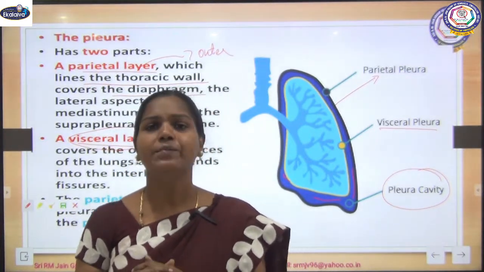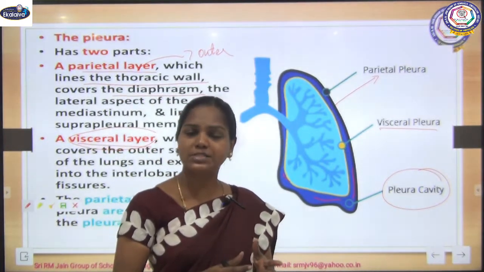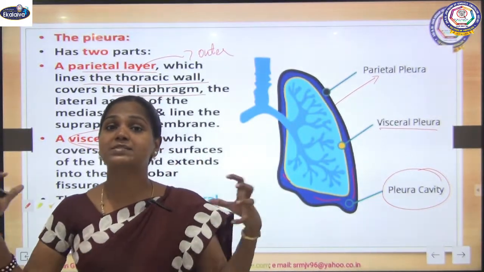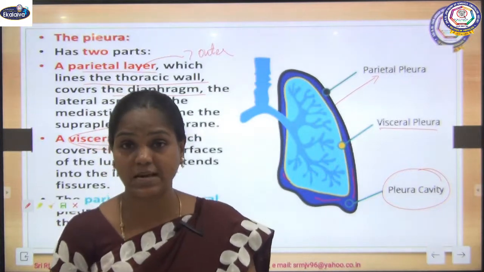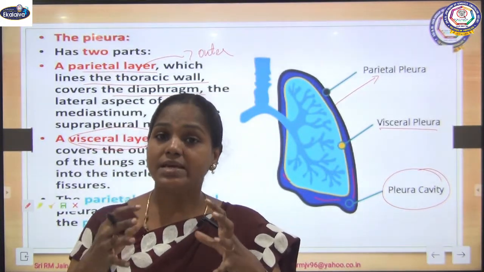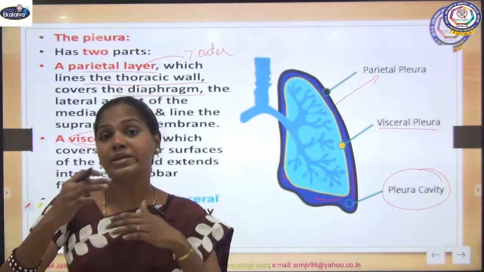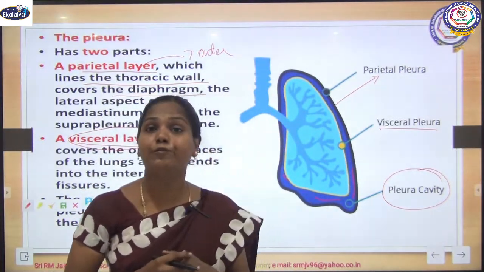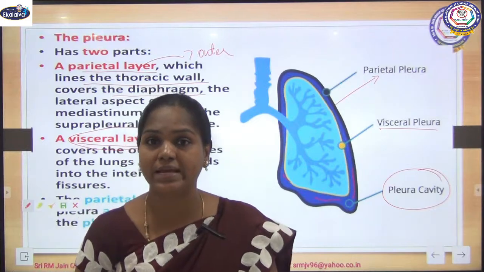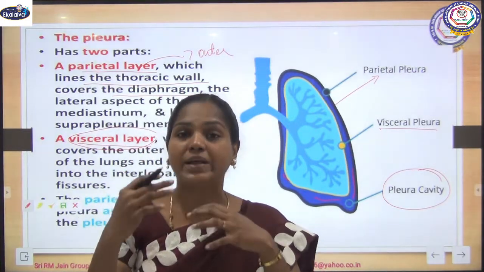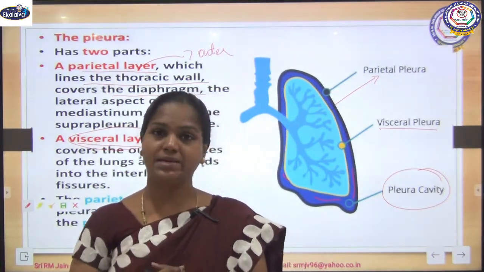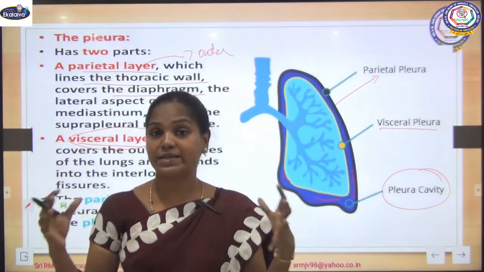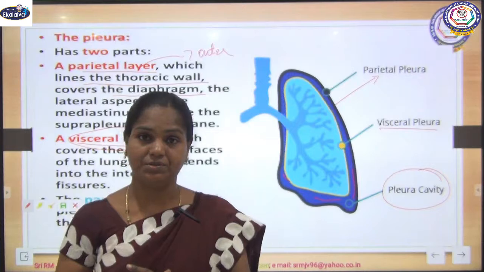From the first breath till the last breath, there is continuous expansion and contraction of the lungs, and these two layers have to move over one another. The presence of this pleural fluid in the pleural cavity avoids friction between these two layers, as they are in continuous movement, that is contraction and relaxation.